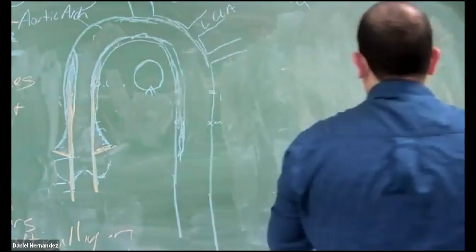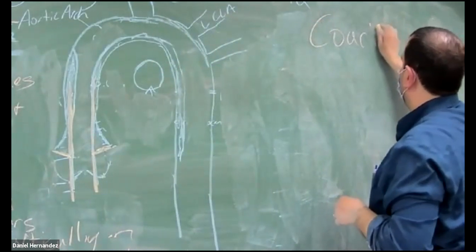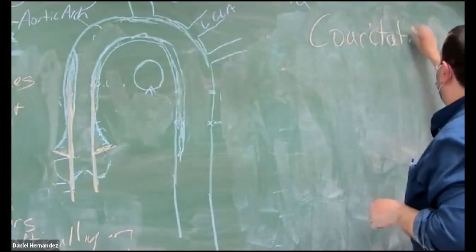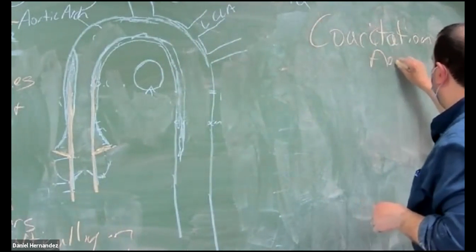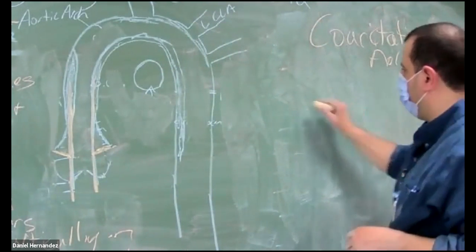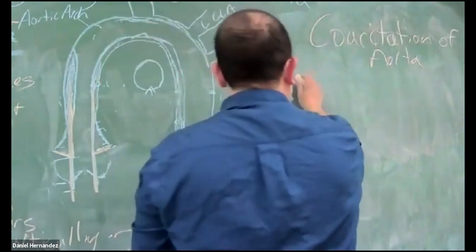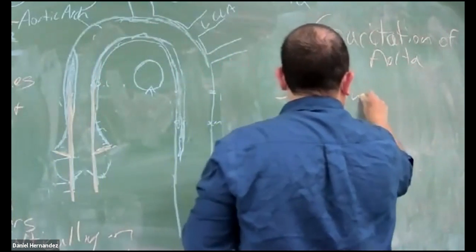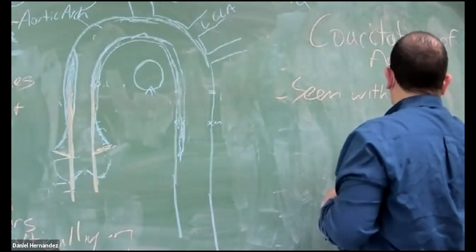So let's have coarctation of the aorta. We've seen the suprasternal notch view.